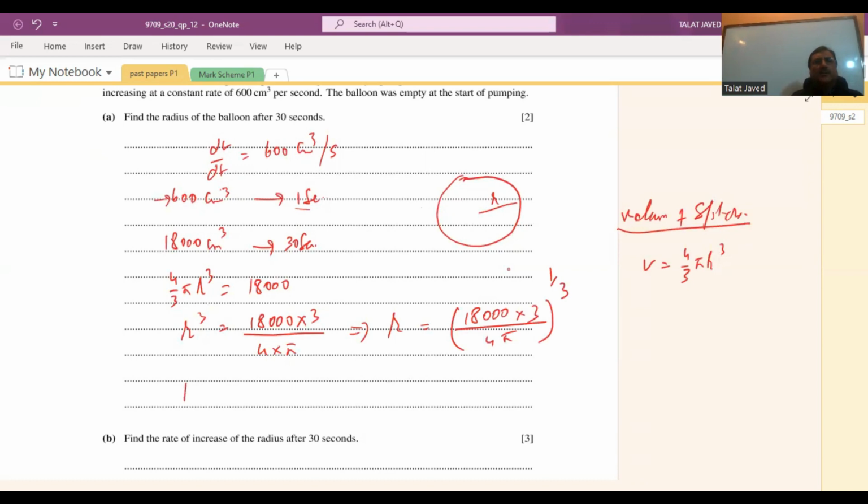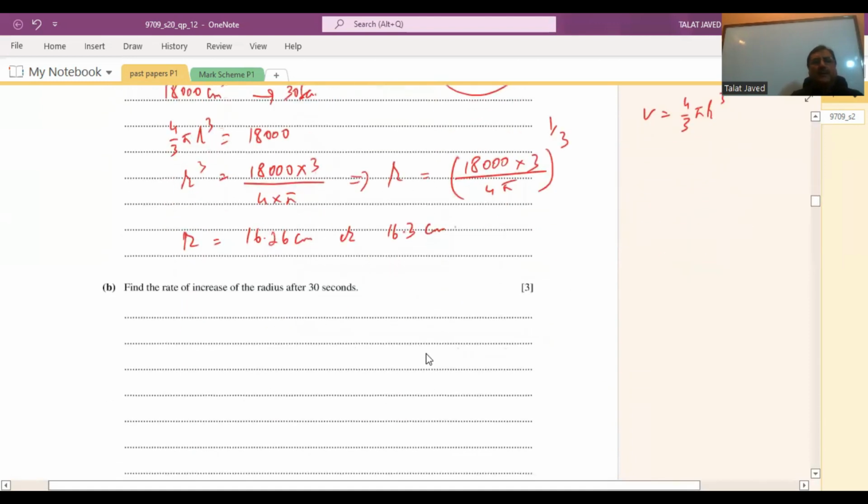By using a calculator you can find its radius, which is 16.26 centimeters. After 30 seconds, its radius will be 16.26 centimeters.